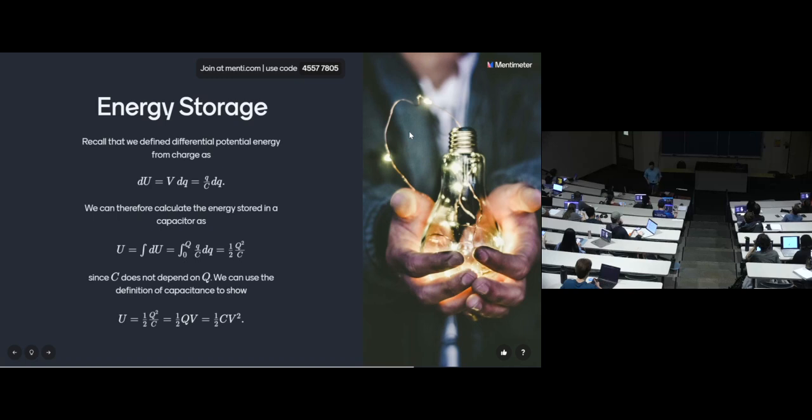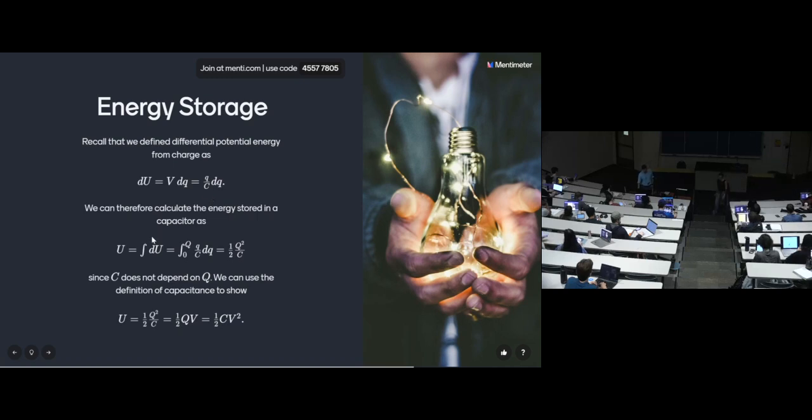The way that I do that is you can recall that the change in potential energy from a charge is equal to the potential times the differential change in the charge. And potential is Q over C on a capacitor, so charge per capacitance.